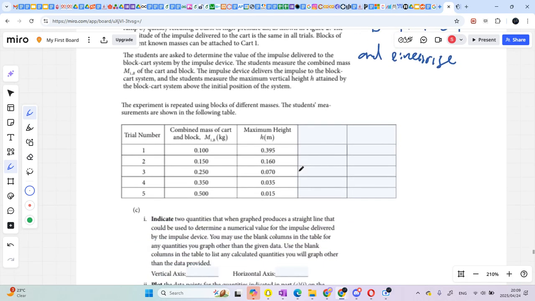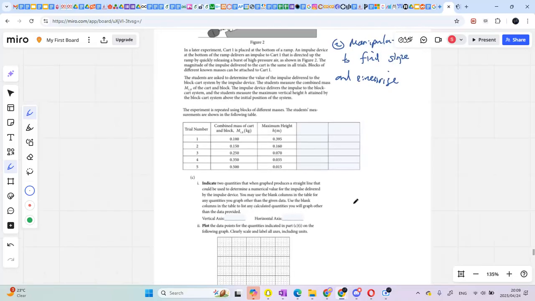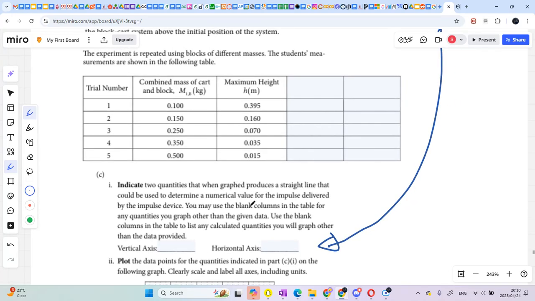Remember, when you fill out this chart, you're always going to be asked to determine what the horizontal and vertical axis quantities are. That's what you get from taking an equation and manipulating it to find the slope. Once you have those quantities, you fill in the rest of the table with it and make sure you remember your units.